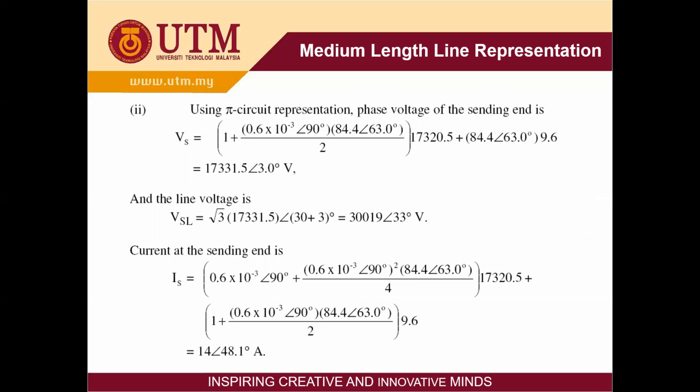And using the pi circuit representation, same. You need to use the A, B, C, D for the pi. You will have almost the same value, even though you are using pi or T circuit.